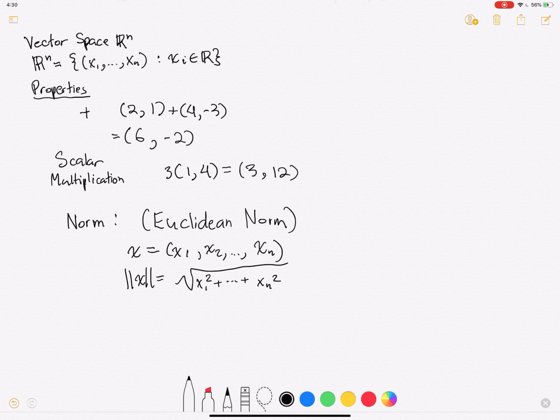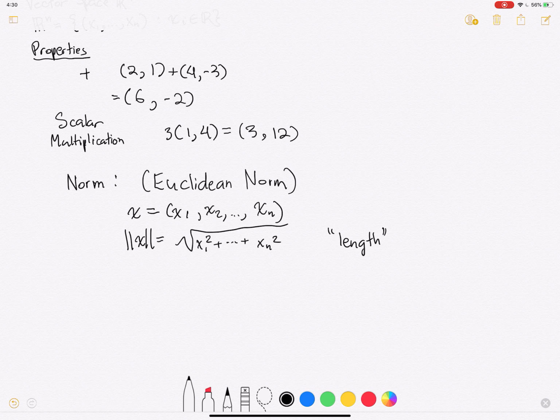This is related to a length, and you can think of it that way. You can think about distance between vectors. So say you had x, y in Rn. The distance between them is just you subtract them off and then take the norm.